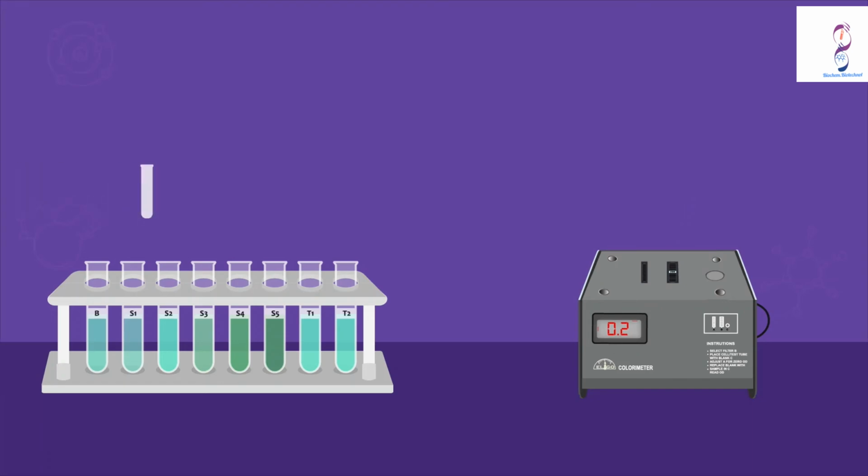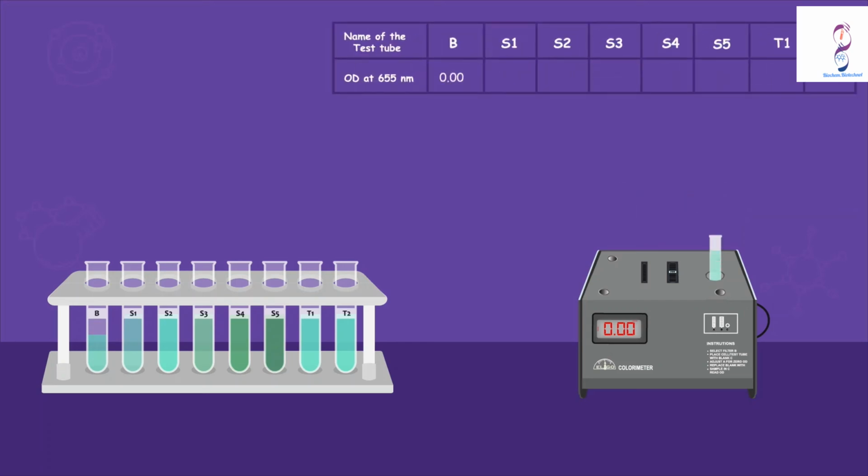In the colorimeter or spectrophotometer, the wavelength is set at 665 nanometers, and the bluish colored complex formed in each test tube, from the test solutions, from the standards, and from the blank, is read at 665 nanometers.